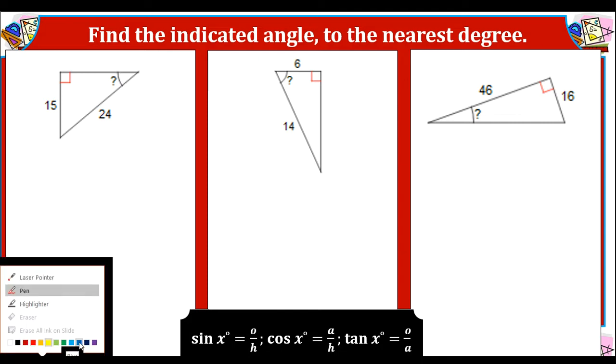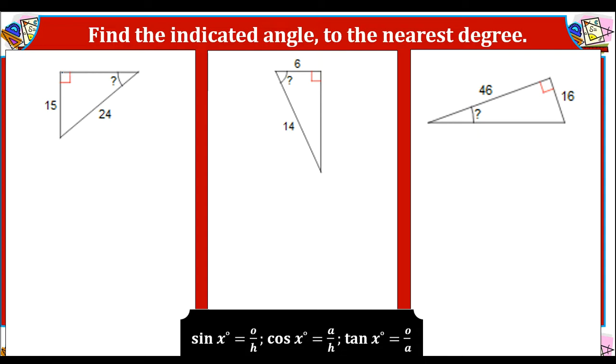Let's change colors. In this example, our referenced angle gives us the opposite length and our hypotenuse. So opposite and hypotenuse is sine. So the sine of some angle is equal to opposite 15 over hypotenuse 24. We're going to take the inverse of sine on both sides, and that leaves us with x isolated.